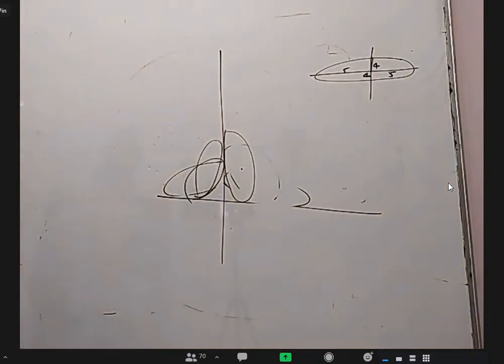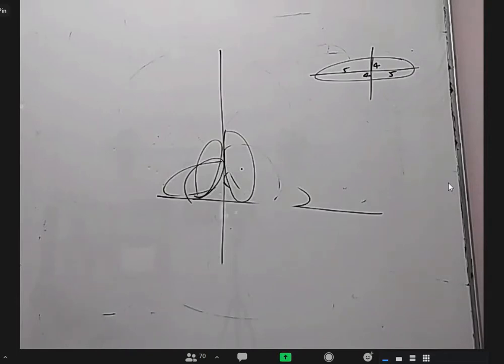Anybody want to comment? The ellipse is always touching the x and y axis. What is the locus of the center of the ellipse? Any other comments?